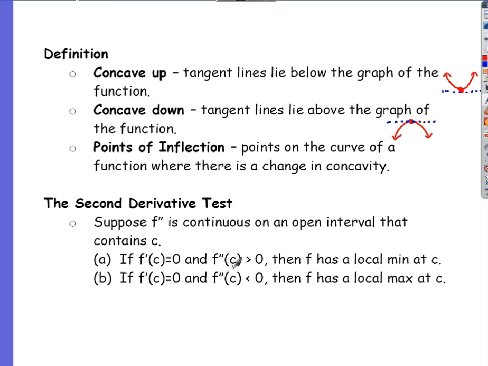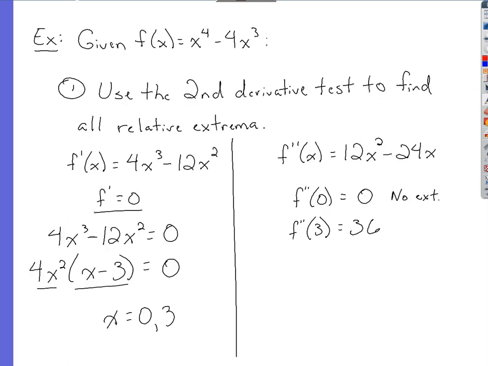And we plugged in that value of 3 here to find that this is positive, then the function has a local minimum at c. So the conclusion we could draw here is, therefore, when x equals 3, we have a local or relative minimum.